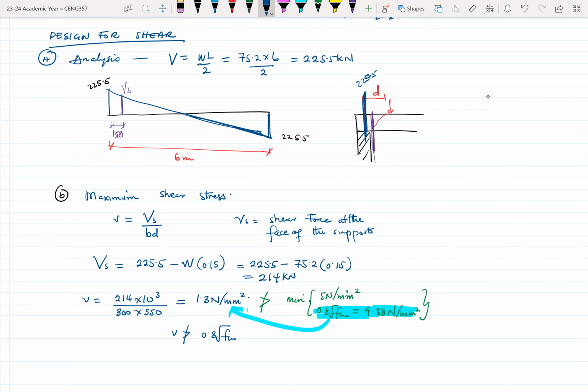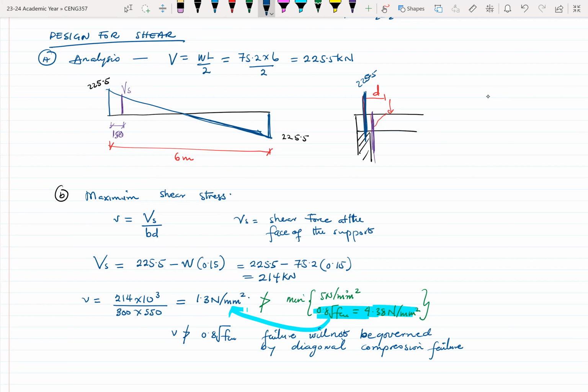It means that failure will not be governed by diagonal compression failure, which is what we don't want. All right.